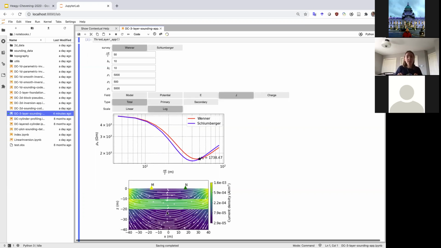This gives you an idea of how we can design an experiment to understand the resistivity structure of the Earth. If we first sample very close together, we're sampling the top part of the Earth, and as we move further and further apart, we're sampling deeper and deeper. That's the data that we're going to use to estimate a resistivity model of the subsurface.